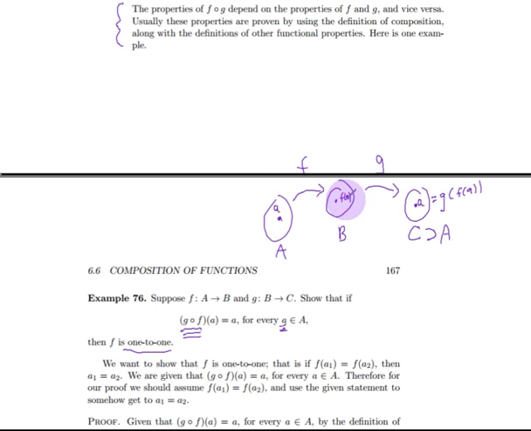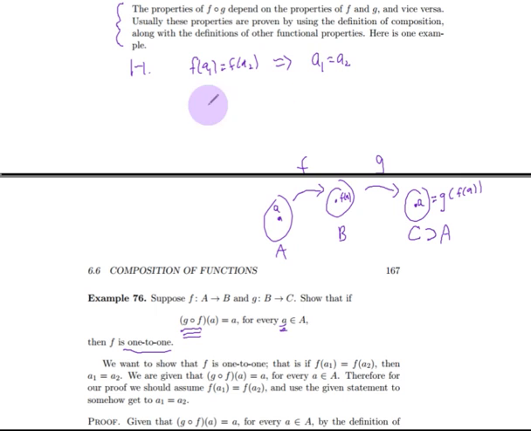Now, what does it mean that F is 1 to 1? We saw this back in the one-to-one chapter. You can refresh yourself. Now, I'll remind you that there's actually two equivalent ways of expressing 1 to 1. One is the contrapositive of the other. If you have F of A1 equals F of A2, that implies A1 equals A2.